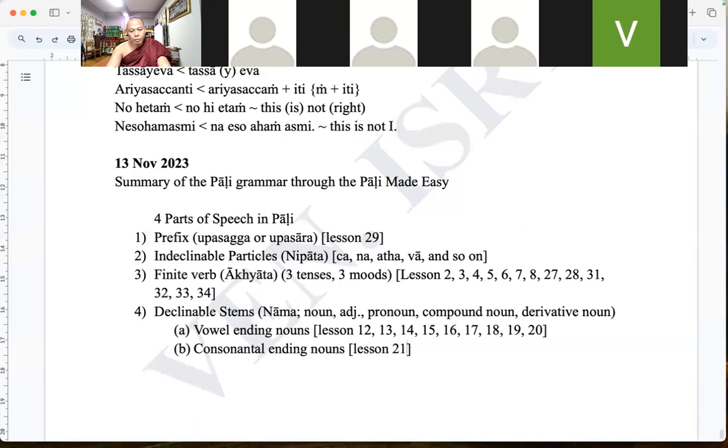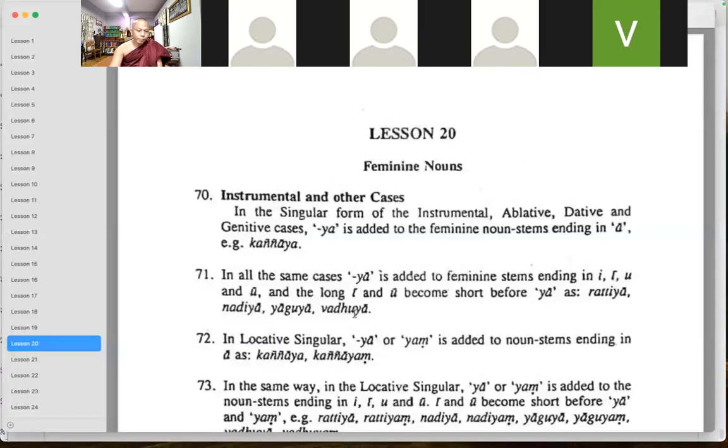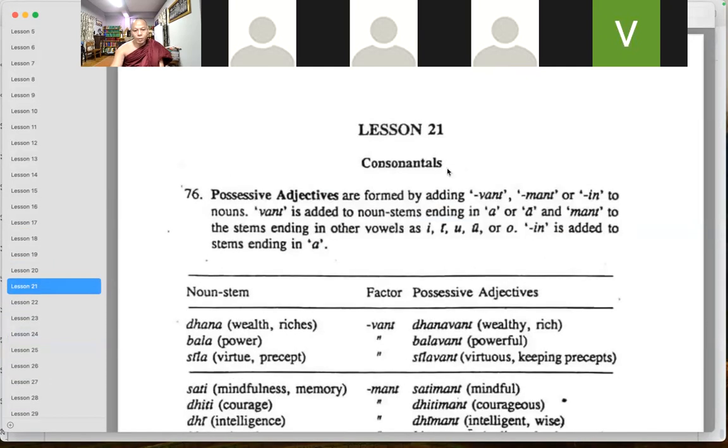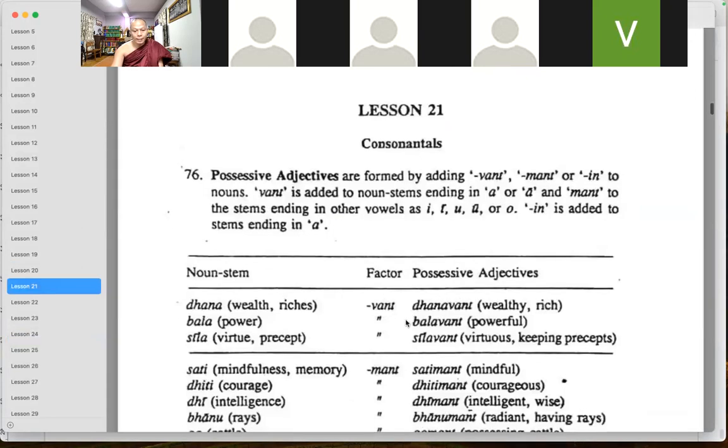Lesson 21, 22, 23, 24. You see here, 21 is consonant ending nouns, so possessive adjectives, vant, mant, a.